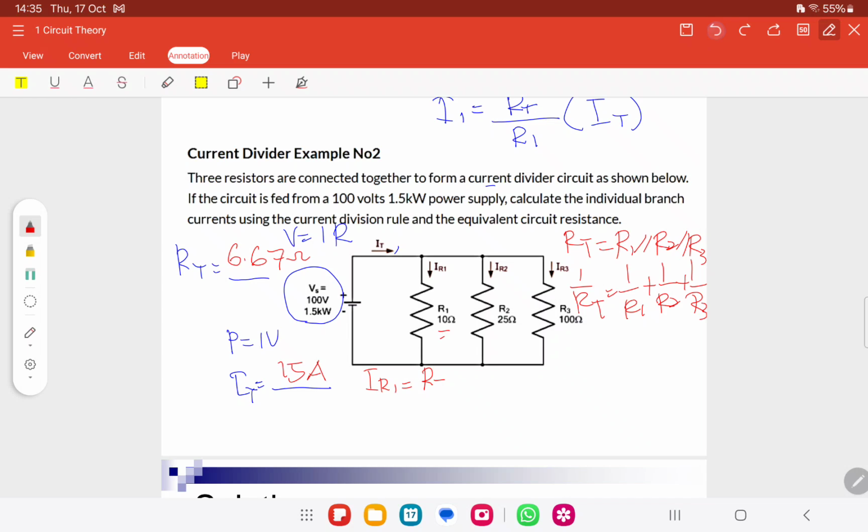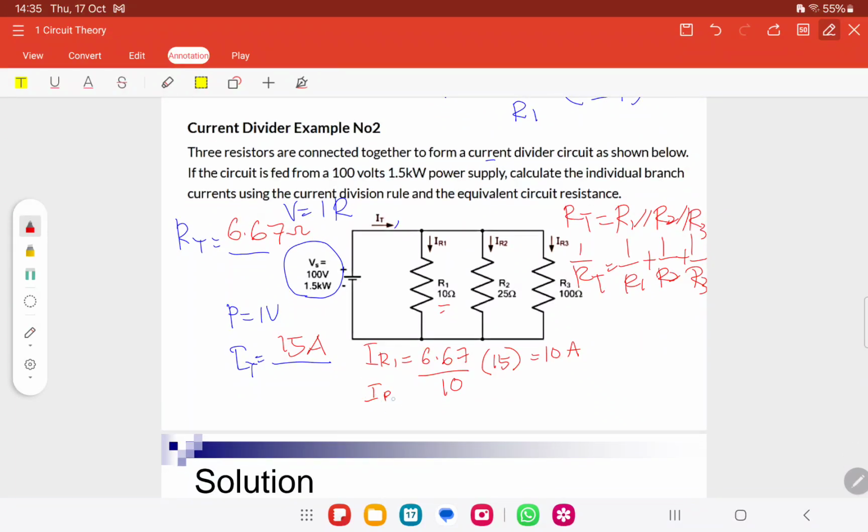IR1 equals to 6.67 over 10 multiply with 15. Value dia? 10 ampere. Okay.